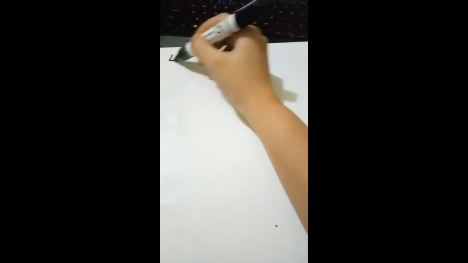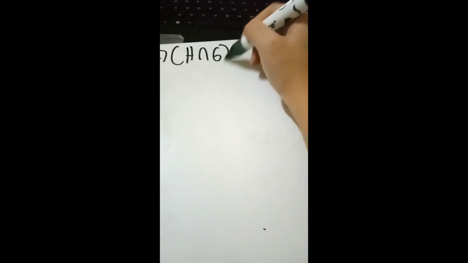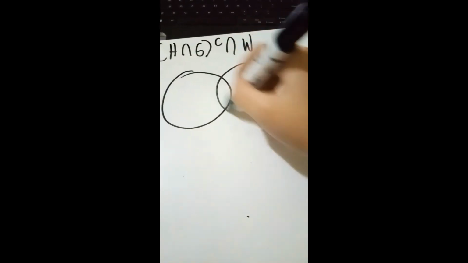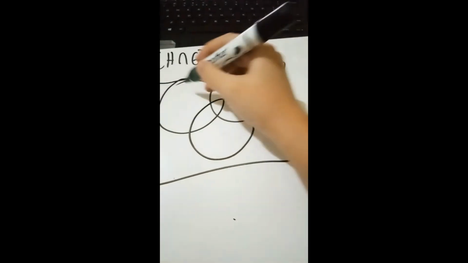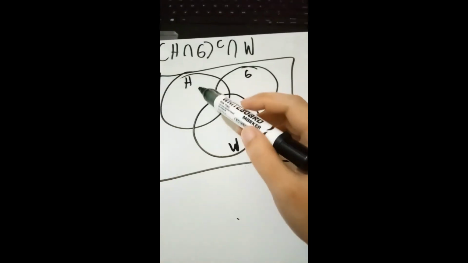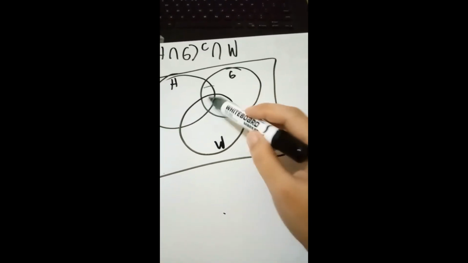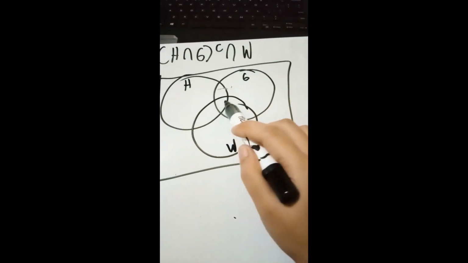Next, number 4. It is H intersection G complement intersection W. Okay. So in here, this is H, G, and then your W. So H intersection G, this portion, pero not.